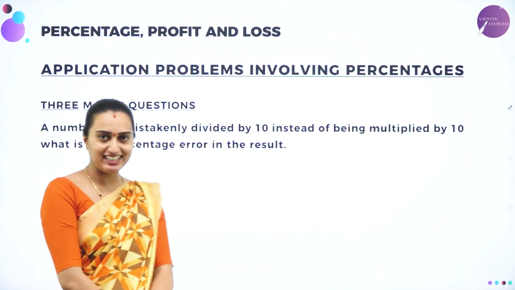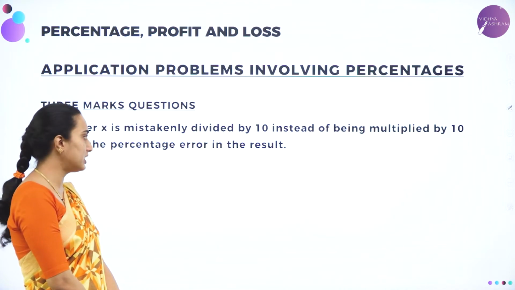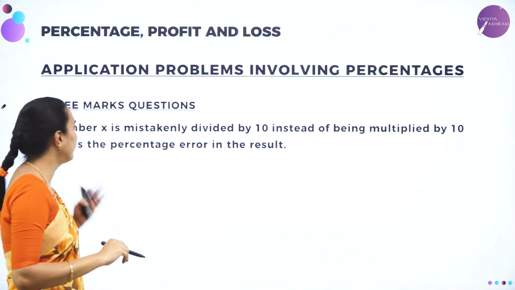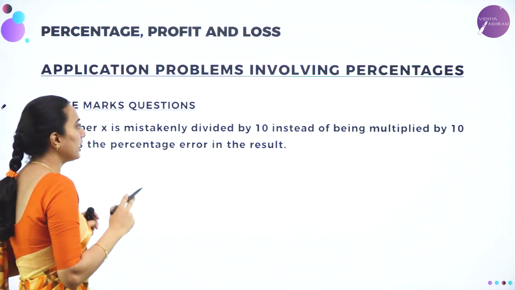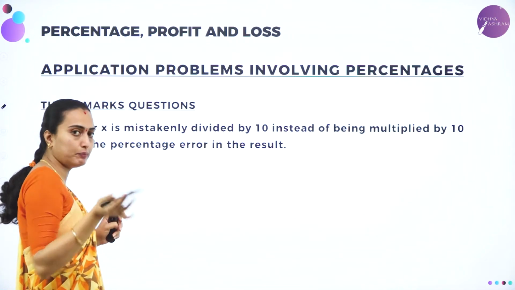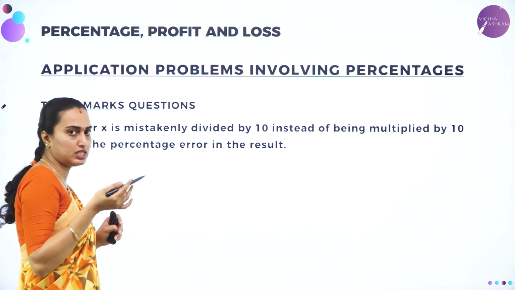The next question is, the number X is mistakenly divided by 10. So here they have given the number X mistakenly. Instead of being multiplied by 10, as they needed to do, they have mistakenly divided.